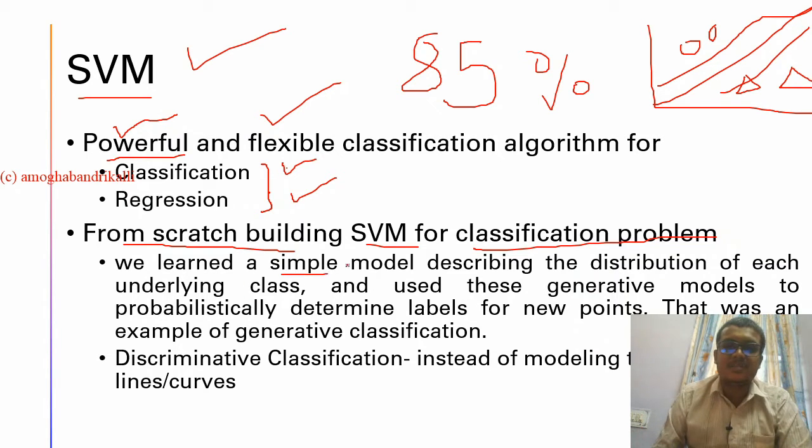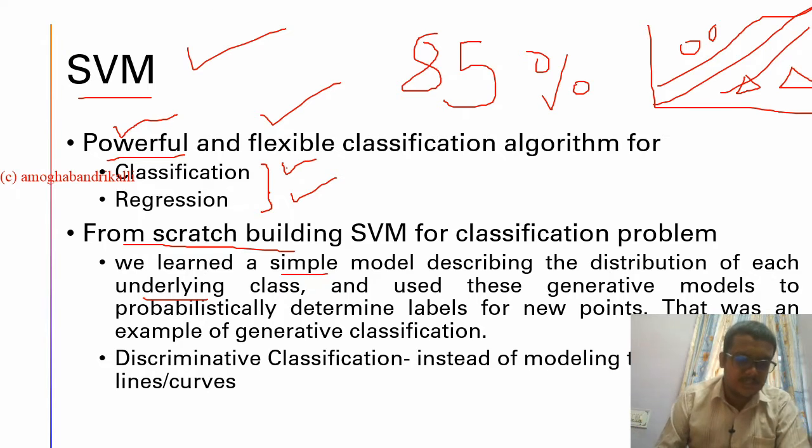So we have learned a simple model describing the distribution of each underlying class. Here distribution means we have been seeing the Gaussian distribution or Naive Bayes, based on the probability.